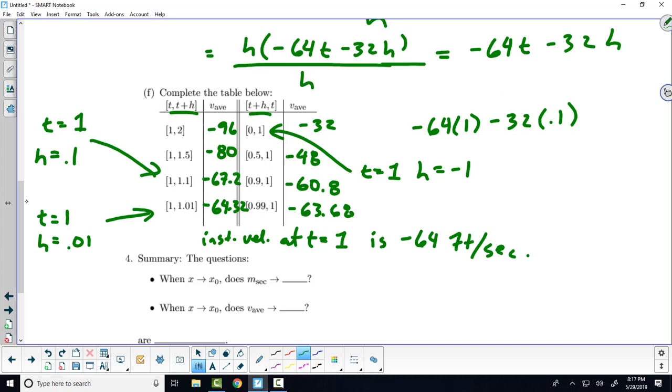Meaning, if you drop an object off of the Leaning Tower of Pisa or off the Grand Canyon or off of anything that's tall enough, after 1 second, at precisely 1 second, it will be traveling at a velocity of negative 64 feet per second. We just calculated the instantaneous rate of change. If it had a speedometer on it at 1 second, it would be reading negative 64.